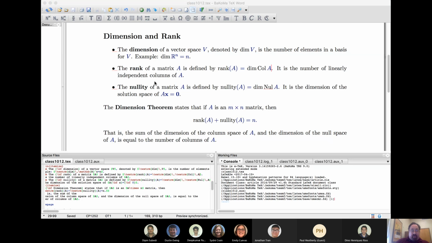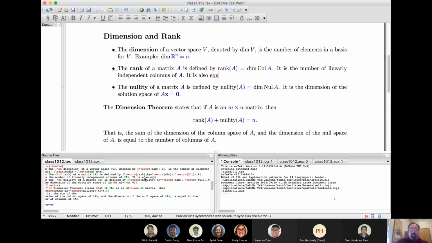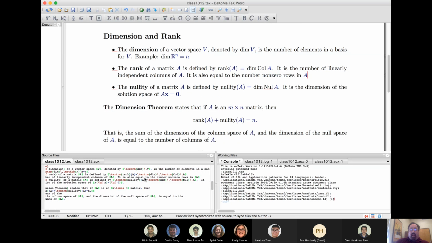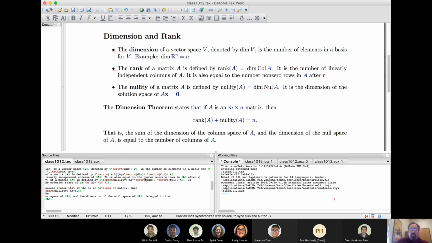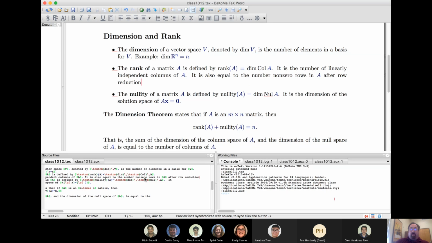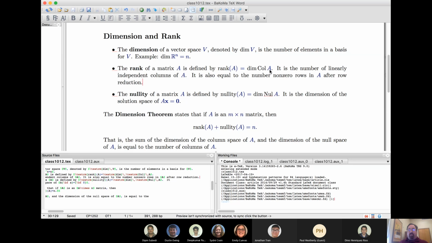I should also mention that it's also equal to the number of non-zero rows in A after row reduction. Now, the rank, since it's the dimension of a column space, is also called column rank. That's the number of linearly independent columns.